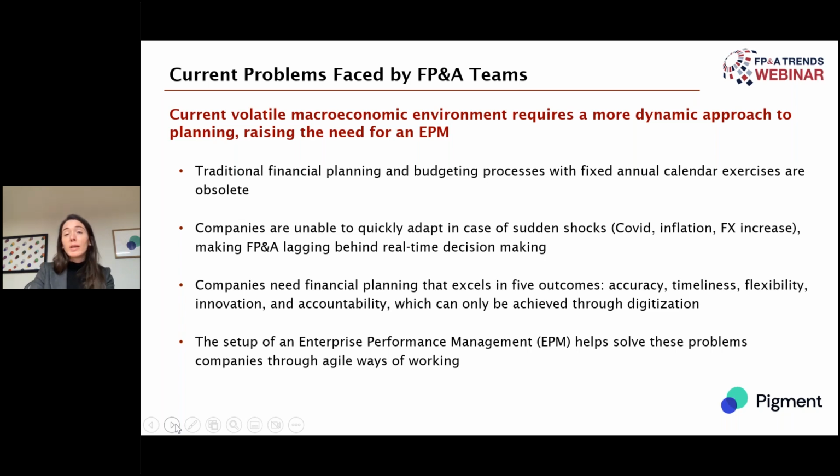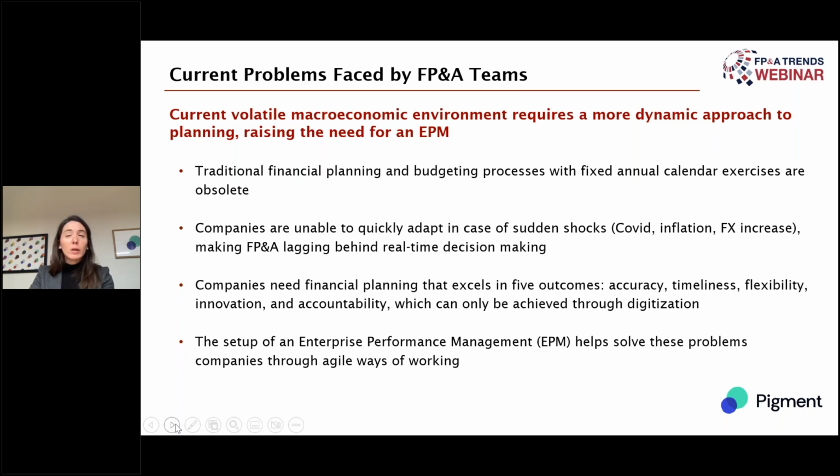Third, we all hear the word agility, and it's very true when it comes to finance teams. You need to strike the right balance between rigor, attention to detail, but also be able to step back and be strategic. In other words, you need to combine accuracy with flexibility.